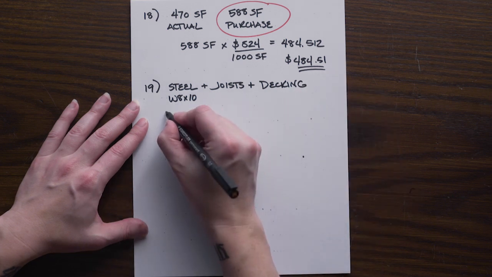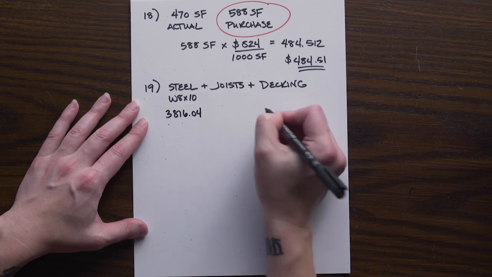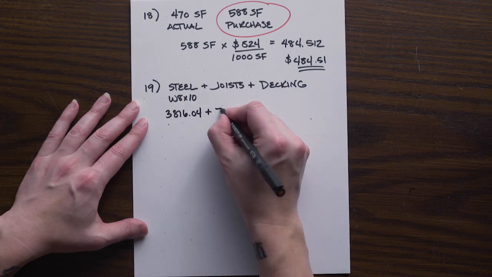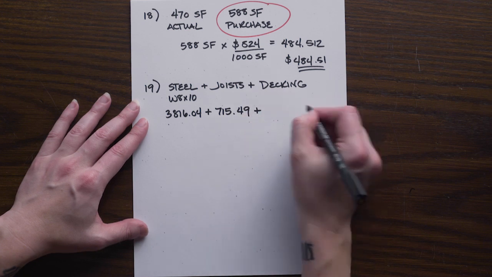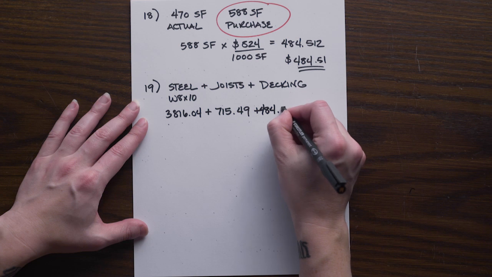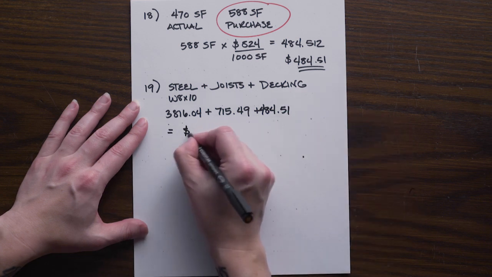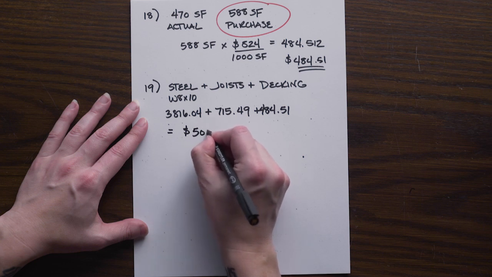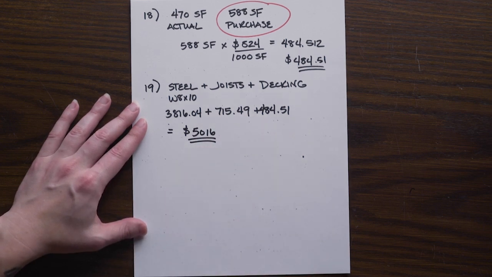So we came up with $3,816.04 for our steel. We had $715.49 for our joists, and we had $484.51 for our decking, giving us a total roughly of $5,000. So $5,016 is our total cost.